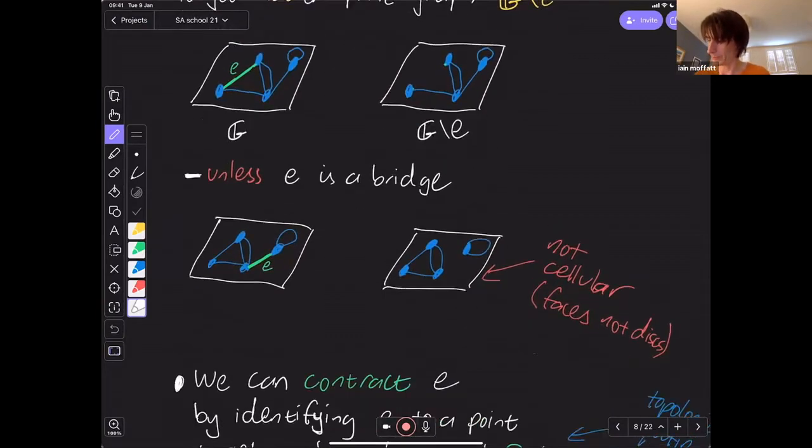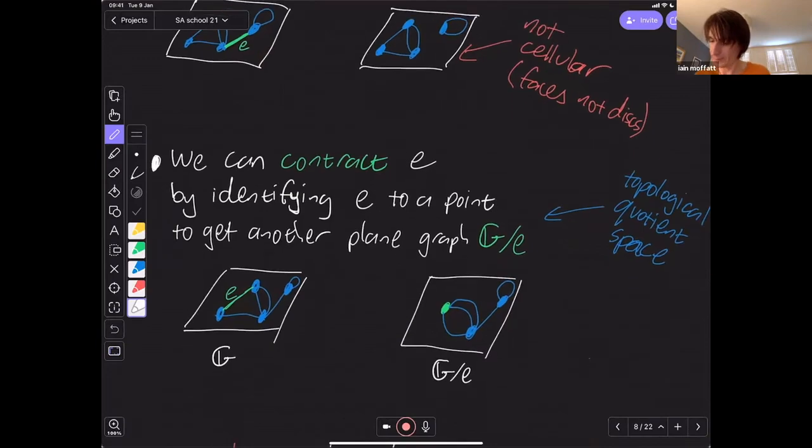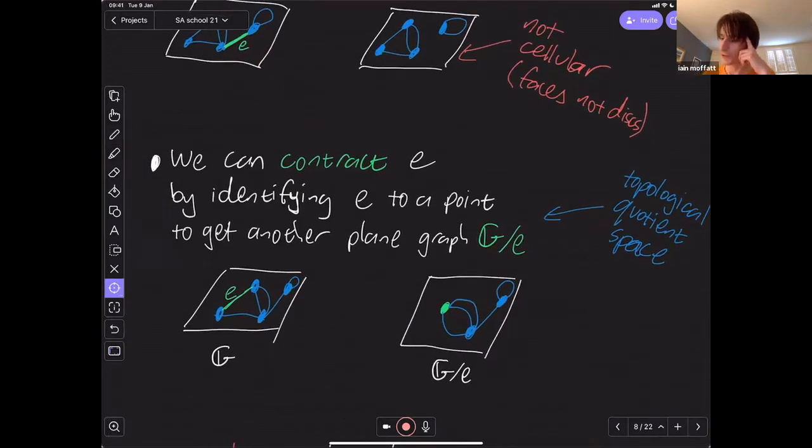What about contraction? Similar things happen. I can contract an edge by taking my edge E and identifying everything to a point. So this is a topological quotient space, where all of this line just gets reduced to a point.